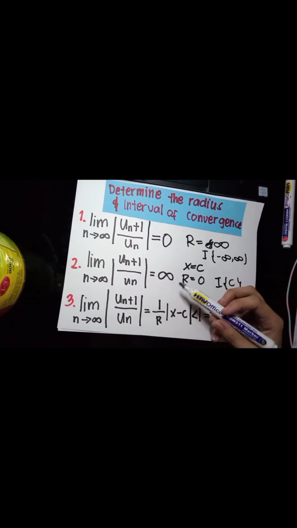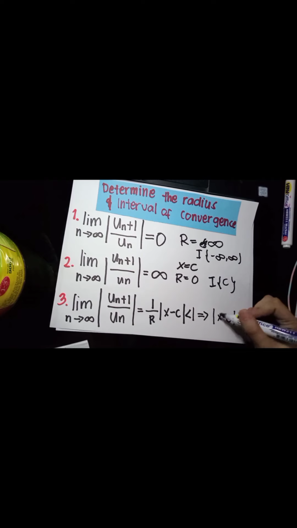So for the third one, if we use the ratio test, we're going to get the expression in terms of x. Typically, it's going to look something like this: 1 over r, the absolute value of x minus c, which is less than 1. Usually in this format, and once you get to this point, we will multiply both sides by r.